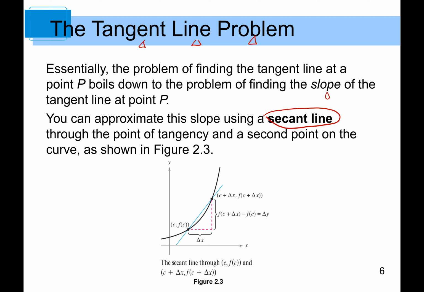This is our point C, and we find a point close to point C, with delta x as the horizontal distance from C to the nearby point. The x-coordinate of the nearby point is C plus delta x, and f of C plus delta x becomes the y-coordinate.